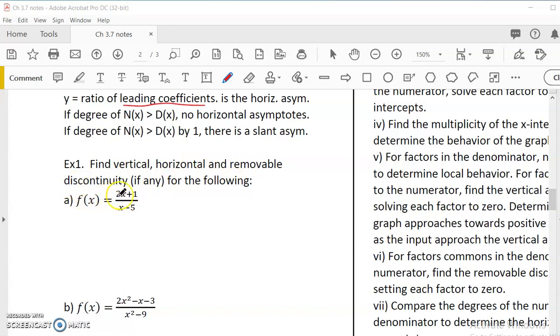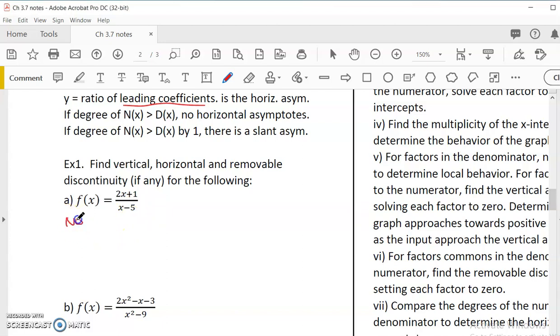Of course, you can also find x and y intercepts, but we'll do that later when we need to sketch the graph. So first of all, we'll try to look at the common factor between them. Are there any common factors between them? There's no common factor, so there is no removable discontinuity. There's no hole per se.